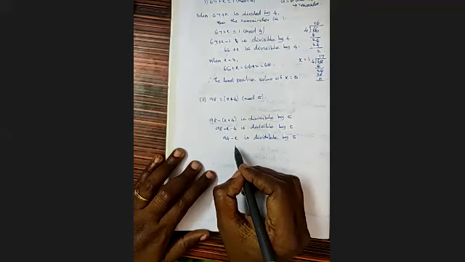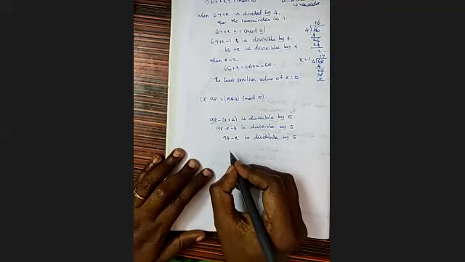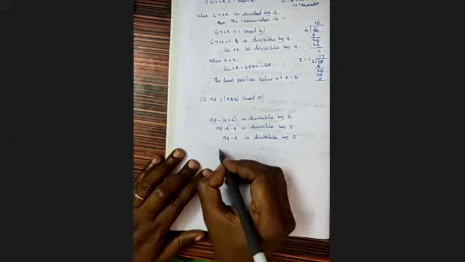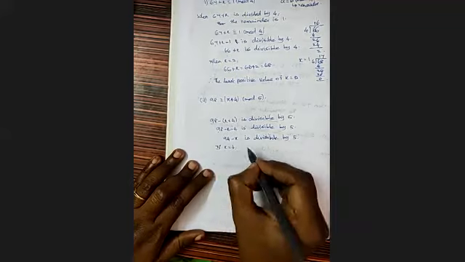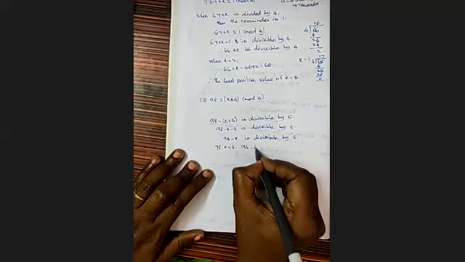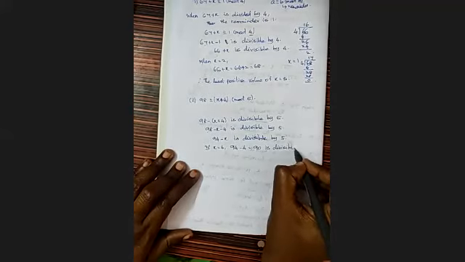Okay, children, do you understand? Yes, miss. Okay, children. So if x equal to 4, 94 minus 4 equal to 90 is divisible by 5.